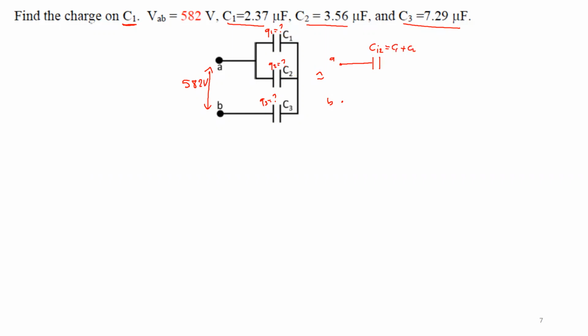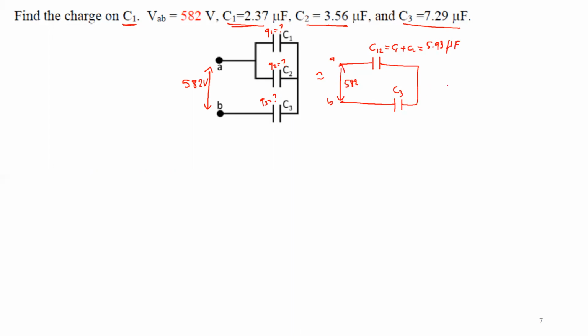The equivalent capacitance for two capacitors in parallel is just the sum of them. C1 plus C2. And this is in series with C3 now. And I go back to B. So here I have my voltage, 582. So let's calculate C12. Of course, you add them. It gives you how much? This gives you 5.93 microfarad.